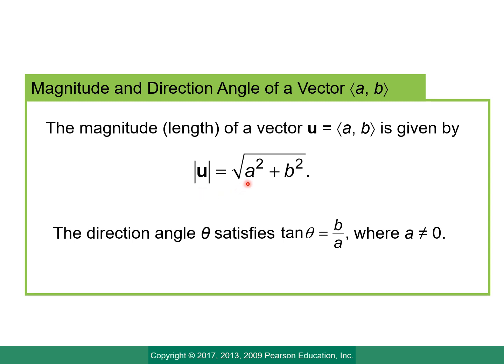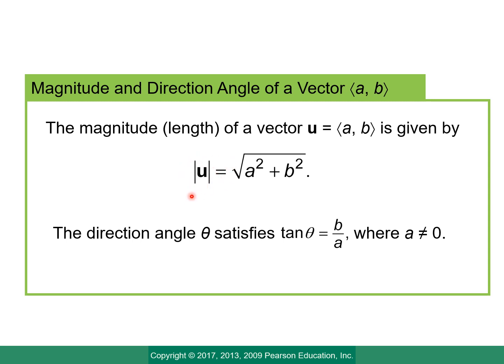You take your two components, horizontal and vertical, you square them, you add them, and then you square root. Essentially, it's just the Pythagorean theorem. If we formed a triangle with our vector, it's one of the legs of the triangle squared plus the other leg of the triangle squared, and then you square root.